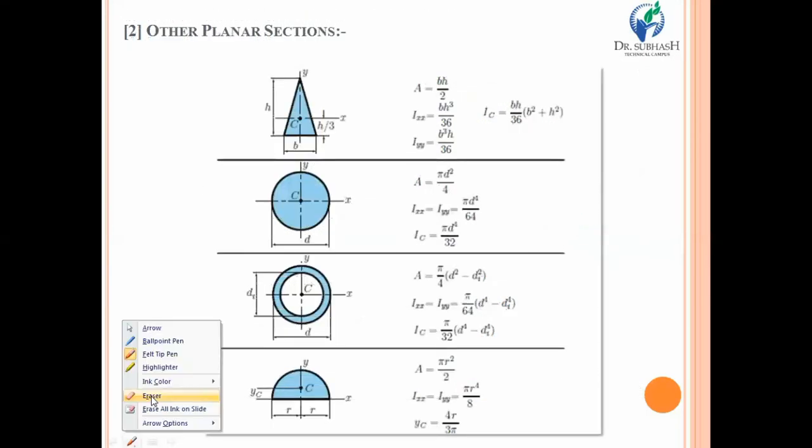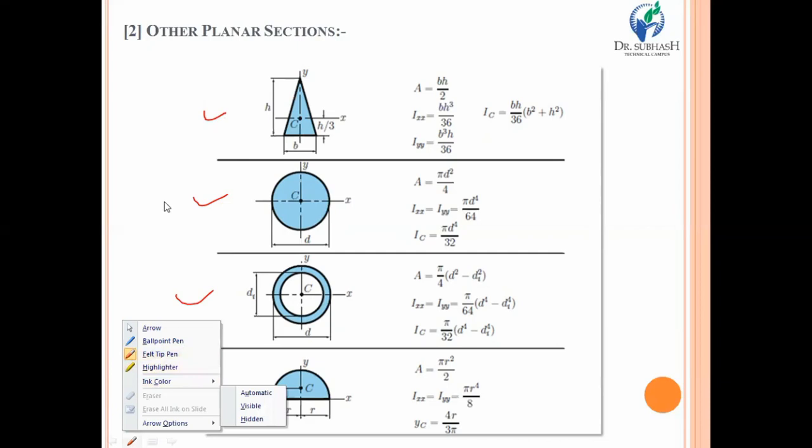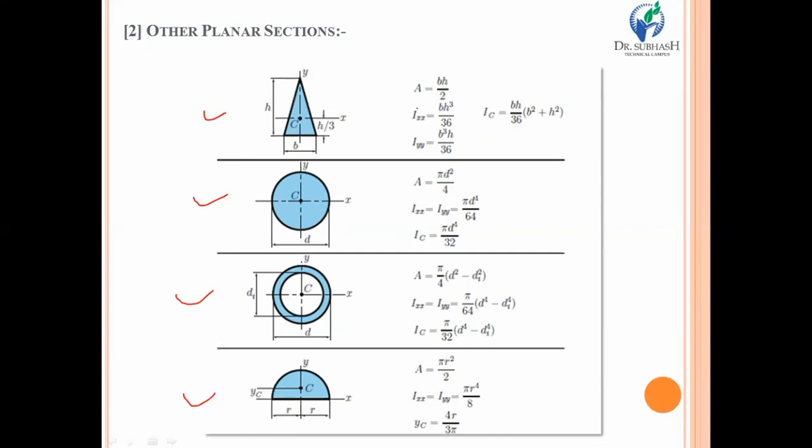You should also keep practicing and derive the relation for the moment of inertia for other regular sections like triangular section, circular section, hollow circular section, and semicircular section too. The derivation method will remain the same. For example, suppose there is a circular section, so we know that area is equal to pi by 4 d squared.